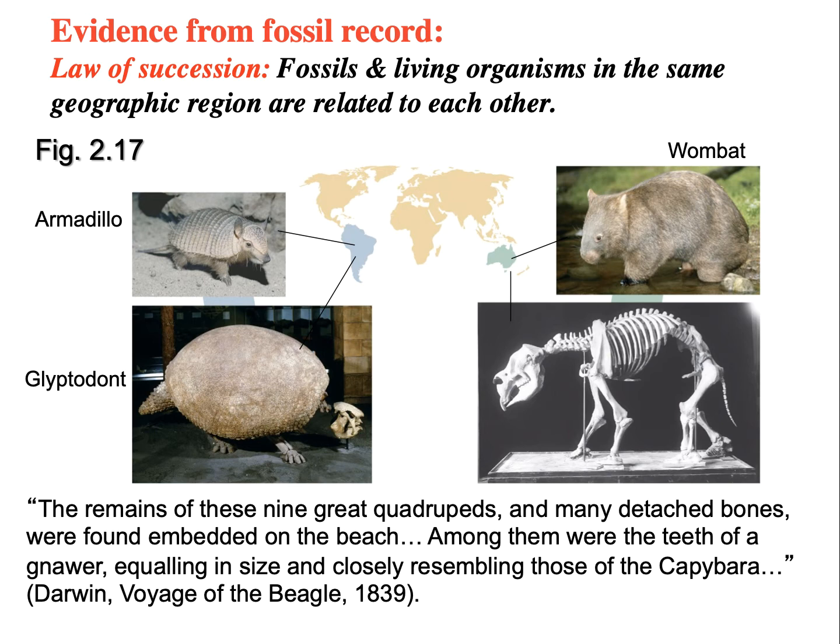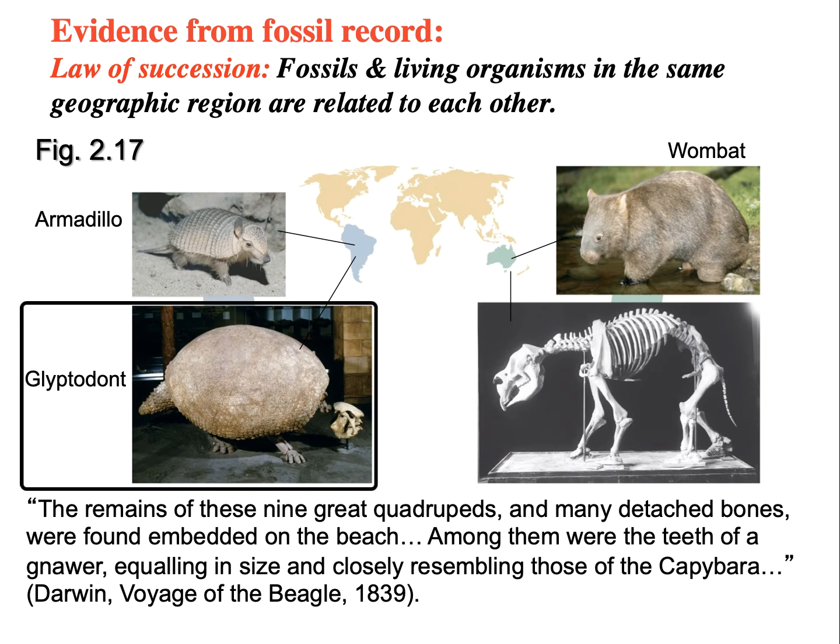The fossil evidence also tells us a great deal about how different groups of organisms evolve and speciate into other species. One example here is the glyptodont, which is an ancient relative of the modern armadillo, and you can actually pick out different times of these glyptodonts and look at the evolution of various body parts in those organisms.